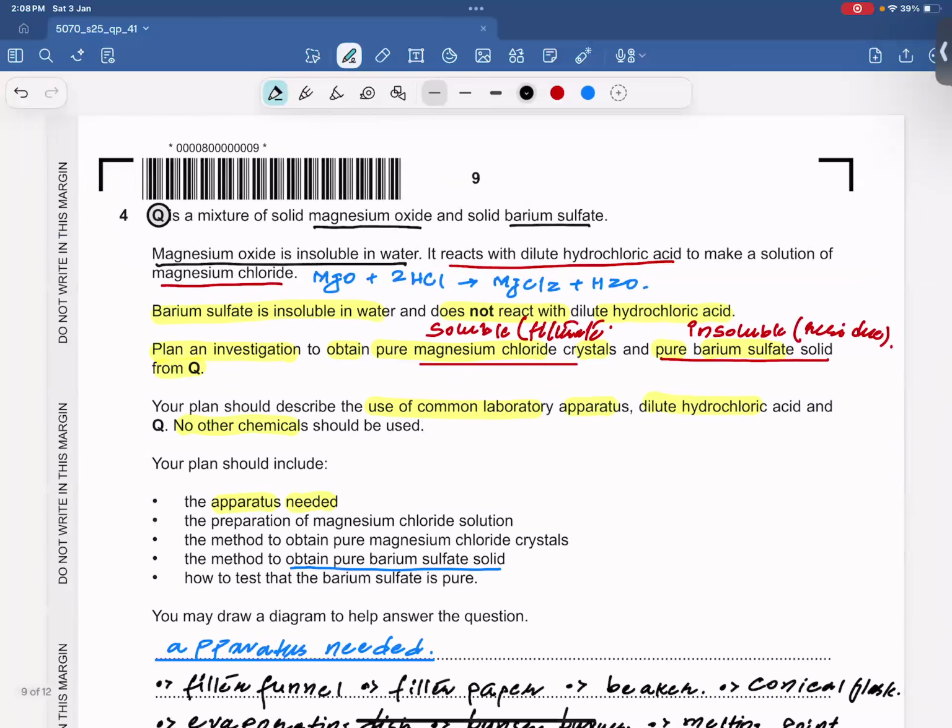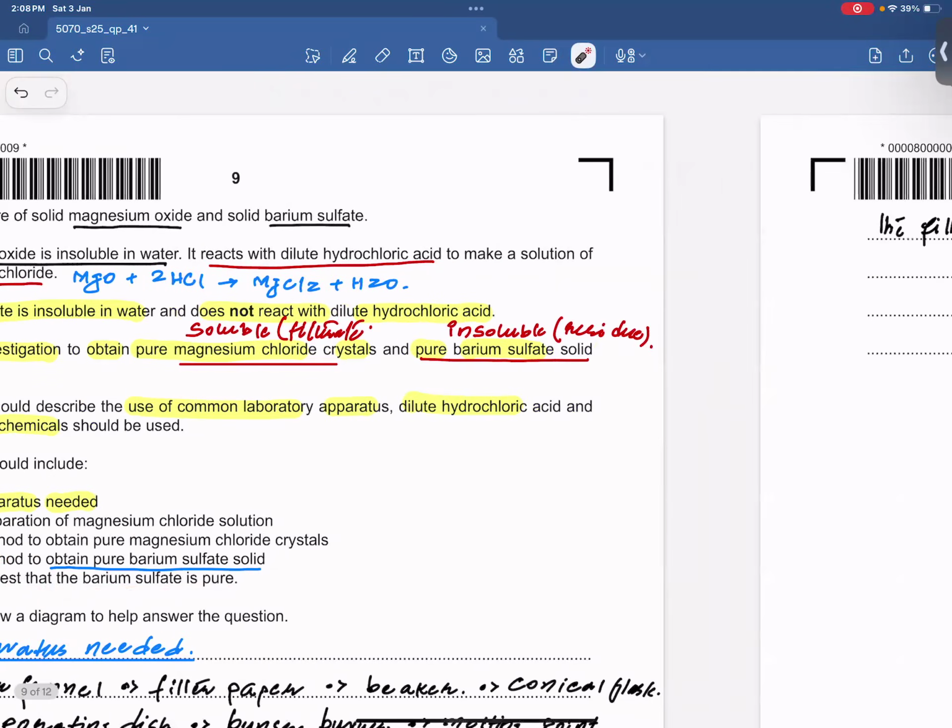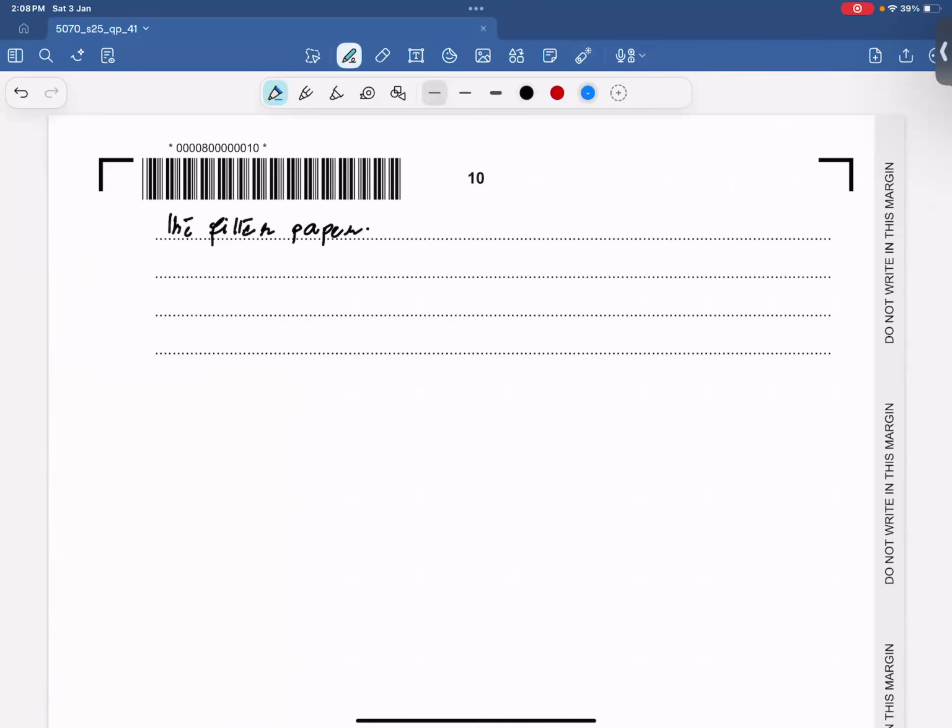So we have done all these points. I'm done with this, with this, with this. Now we need to test that the barium sulfate is pure. Purity of barium sulfate. To test the purity of barium sulfate, I'm going to use the melting point apparatus.